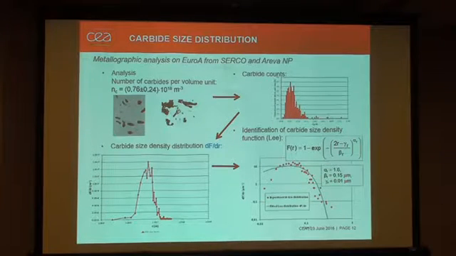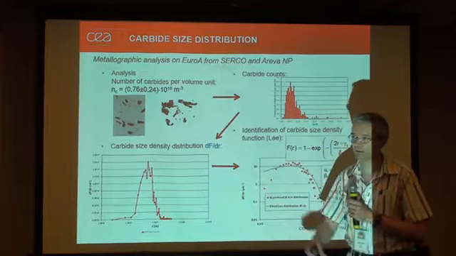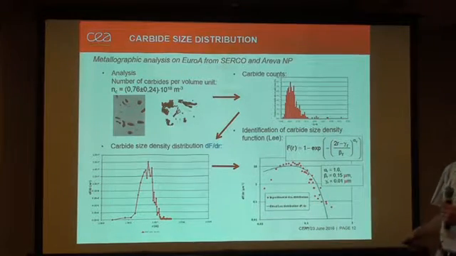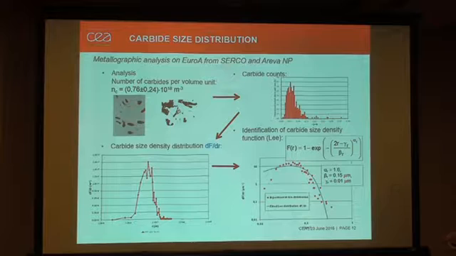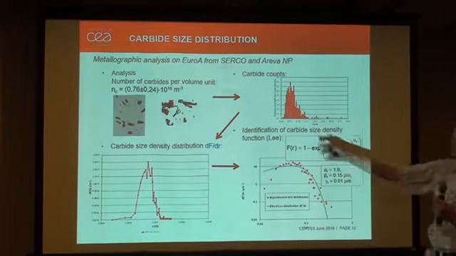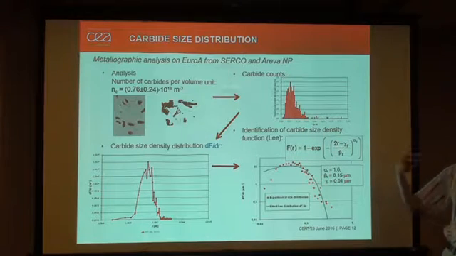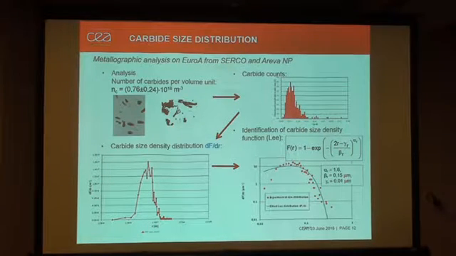Metallographic analysis on the Euro material A was performed by Serco and Arva, Germany. We counted the carbides in the volume unit on the metallographic views. They measured the size of each carbide.